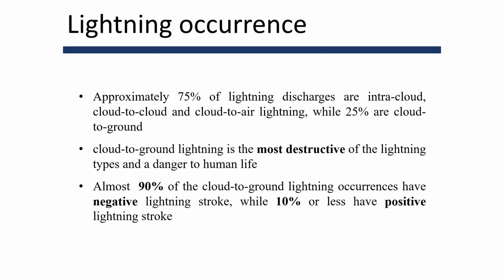Although only 25%, cloud to ground lightning is the most destructive of the lightning types and also dangerous to human life. And as I said before, 90% of cloud to ground lightning occurrences are negative lightning strokes, while the remaining 10% are positive lightning strokes.